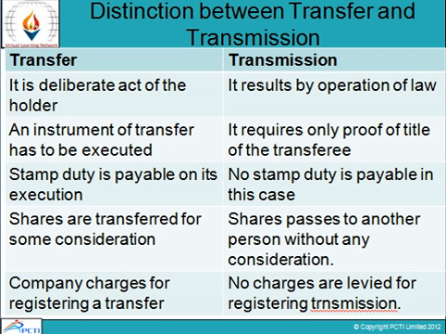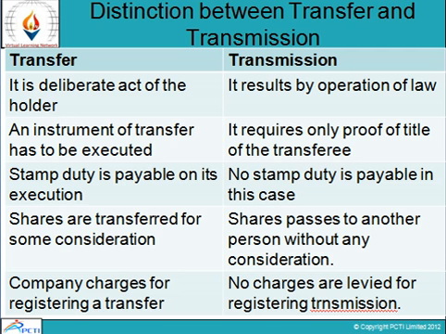Distinction between transfer and transmission. Transfer is a deliberate act of the holder, and transmission results by operation of law. In transfer, an instrument of transfer has to be executed, and in transmission, it requires only proof of title of the transferee.